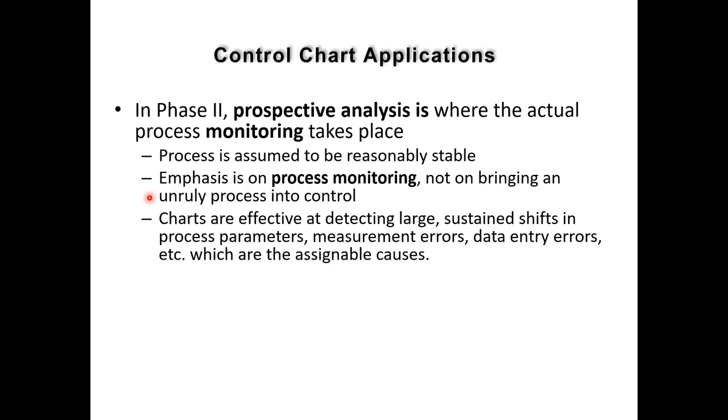In phase 2, you are only monitoring the process, not deleting any points at all. You only observe if any point lies beyond the two limits. It also means that the process is not stable. Although originally you assume it is reasonably stable, after process monitoring you can decide whether or not the process is actually stable.